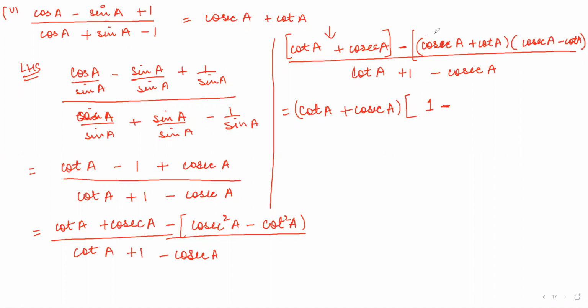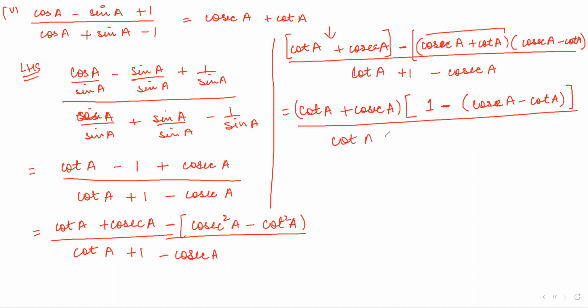This term I have already taken common, so I'm only left with cosec A minus cot A. So be careful with the sign. Always use brackets. And then the denominator: cot A plus 1 minus cosec A, right?